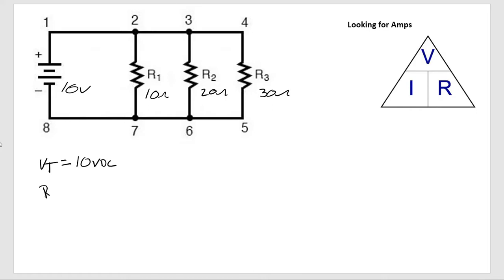Our resistance total equaled 5.4. And then again, remember I rounded it up. I rounded that 4 up. Omega.